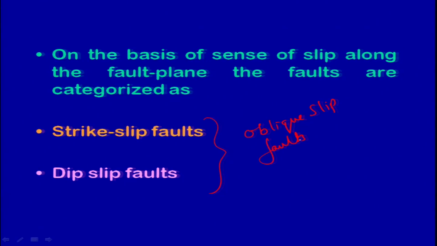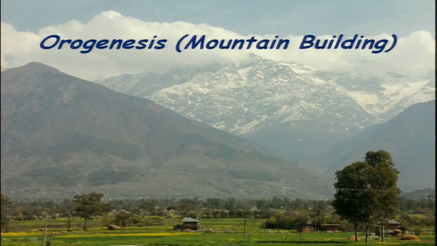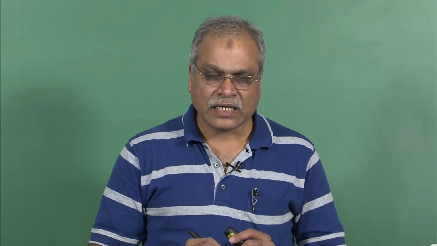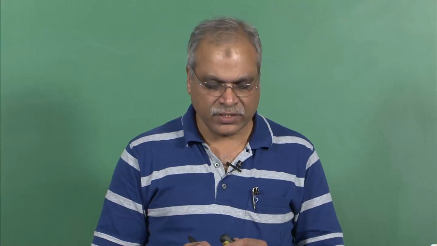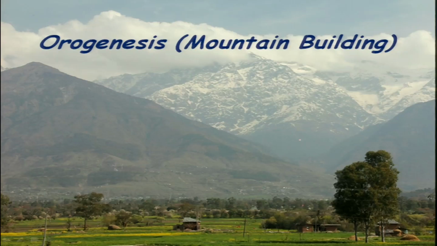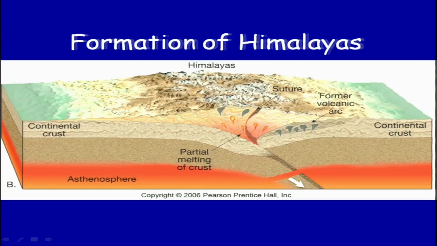So let's see further in detail the different types of faults and how you will be able to demarcate those faults on the surface. Okay, so mostly we see such type of deformation, or the manifestation of such deformation, in the areas where we see mountain building activities. Okay, there's a beautiful photograph of Himalaya from Kangra Valley where we have identified a couple of good signatures of active deformation.